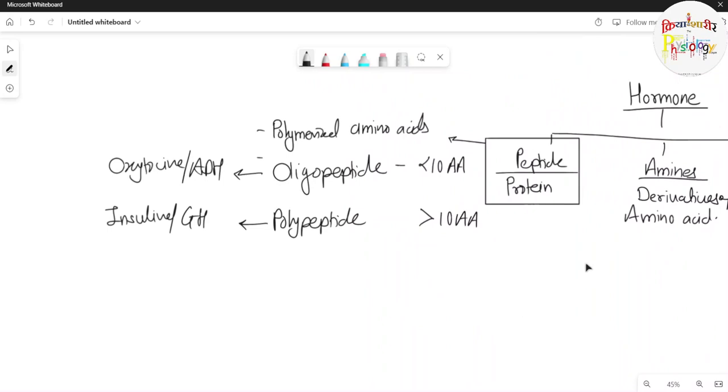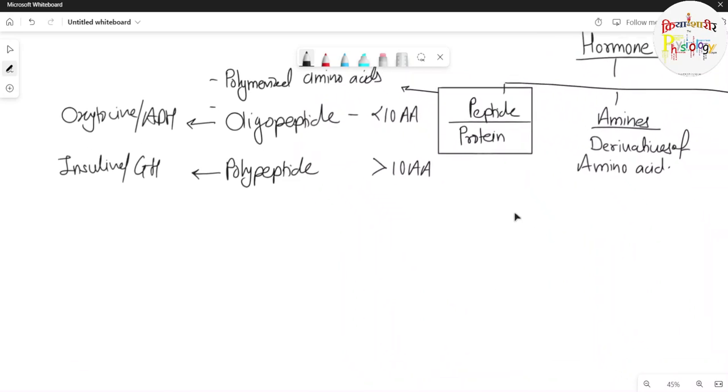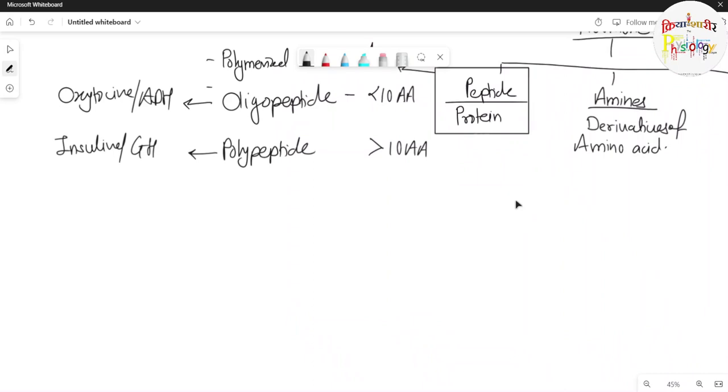Now, the synthesis of these peptide or protein hormones. In cell physiology, we have learned that the rough endoplasmic reticulum is the site where proteins get synthesized. So these protein hormones are also synthesized in the rough endoplasmic reticulum.